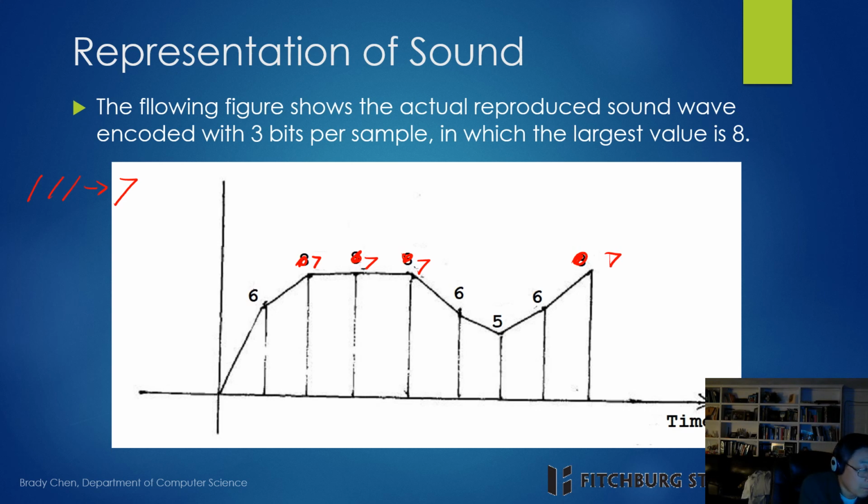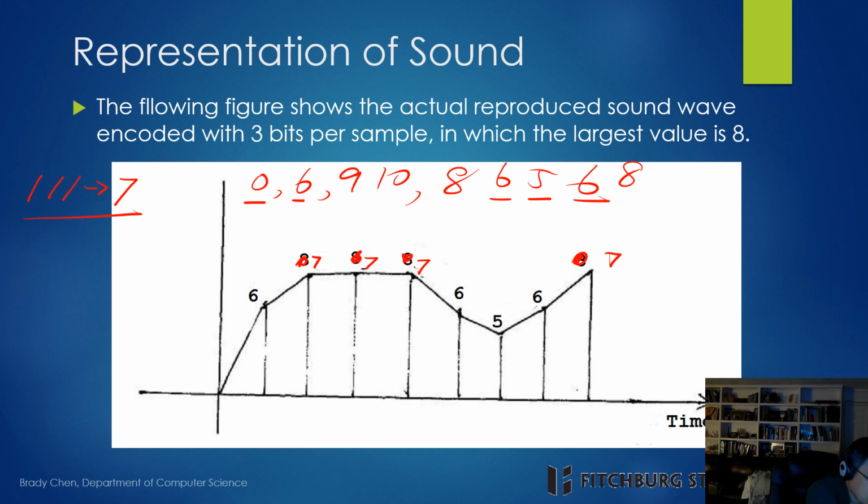So even though the sequence of amplitude is 1, 6, 9, 10, 8, 6, 5, 6, 8, we can represent 1, 6, 6, 5, 6 using 3 bits.